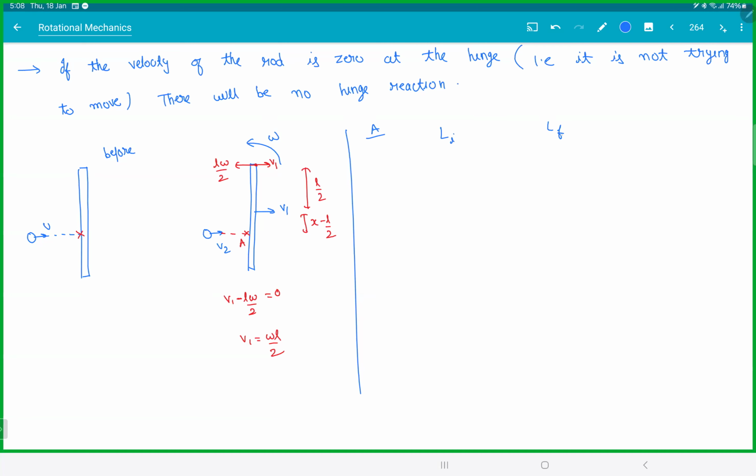L initial, L final: the ball, which is 0, 0. The rod is initially 0. This guy would be MV1 times (x minus L by 2) minus k cap, plus ML square by 12 omega plus k cap. And that term should be 0.